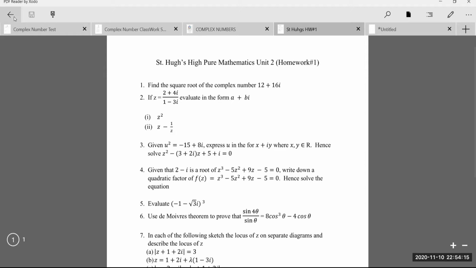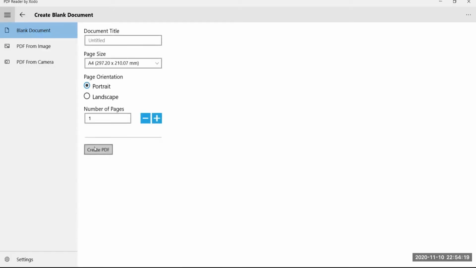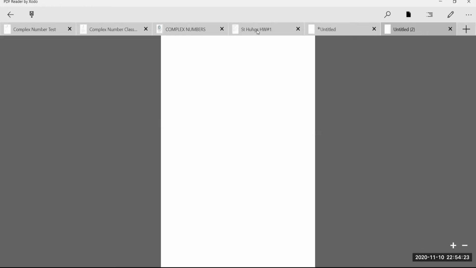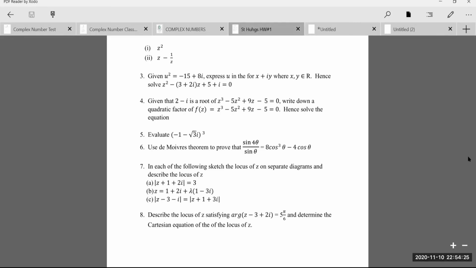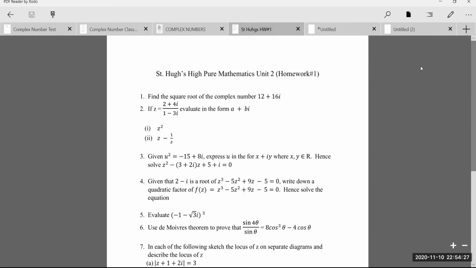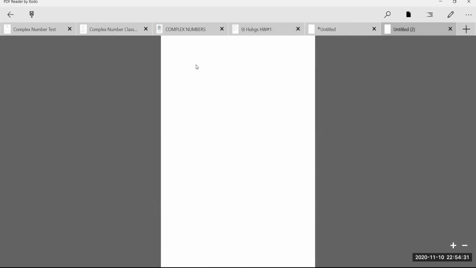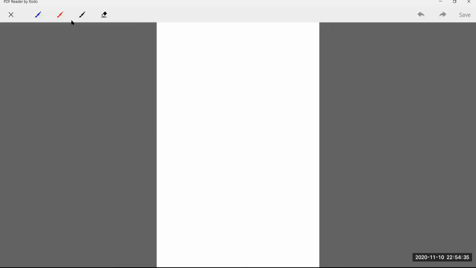So we're going to simplify 2 plus 4i over 1 minus 3i.